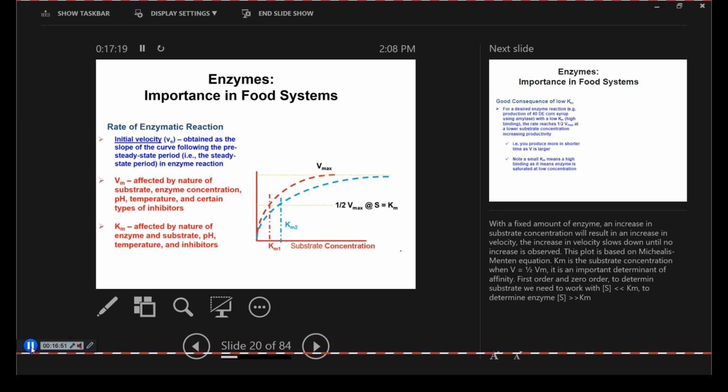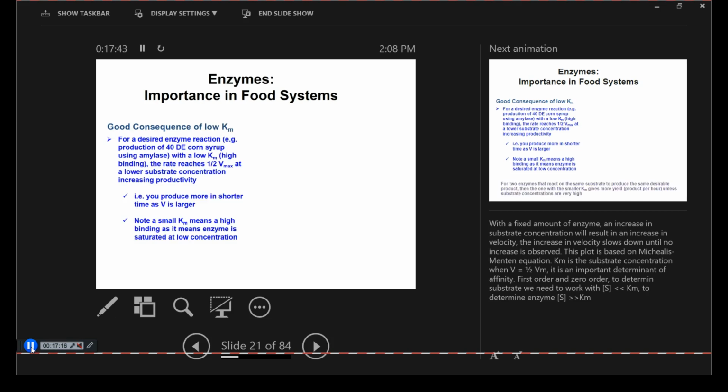It's impacted by all other factors: the type of enzyme and type of substrate, obviously, and then the conditions of the reaction, pH and temperature, as well as inhibitors. So the concentration of the enzyme does not impact its affinity to the substrate. Okay? But obviously the type or nature of the enzyme does.